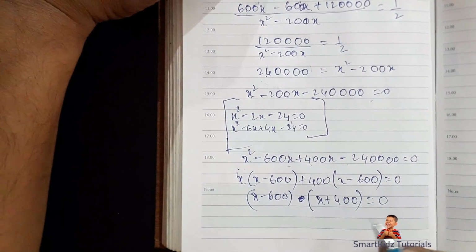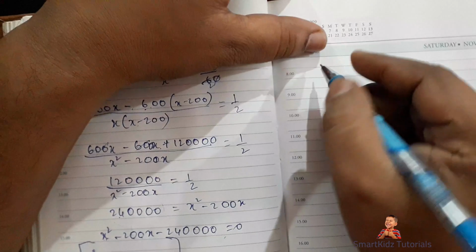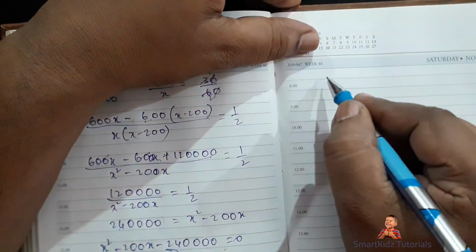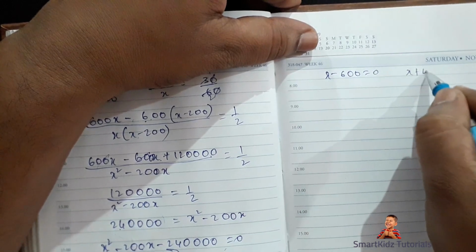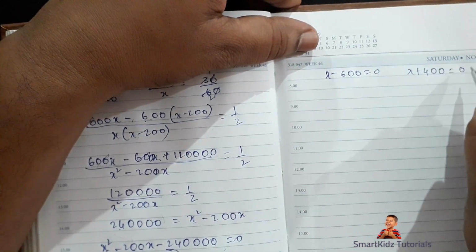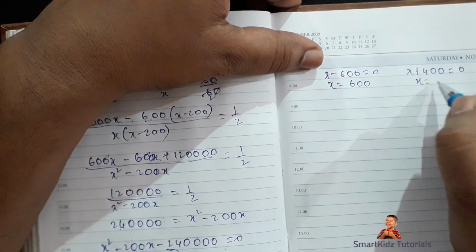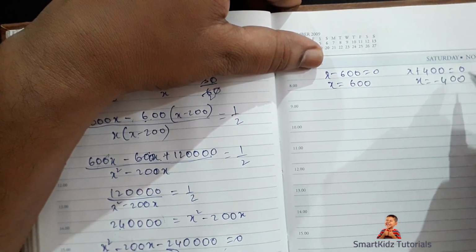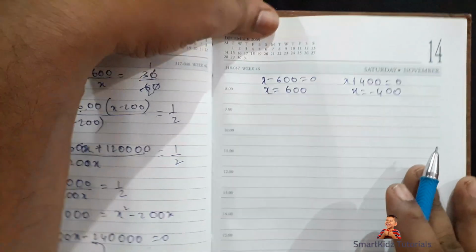So now we need to just find out the zeros or the roots. We'll take over here x minus 600 equal to 0 and x plus 400 equal to 0, which will mean that we get x equal to 600 and x equal to minus 400. But we can't take x equal to minus 400 because we are talking about speed.